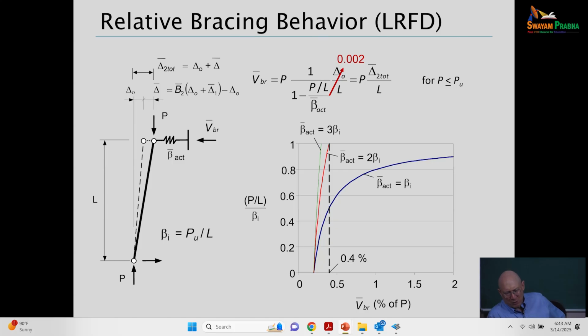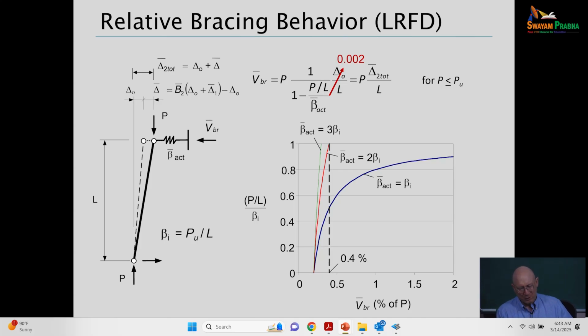But let's suppose we used beta bar actual equal to beta I instead. So beta I equals PU over L. If that's the case, then as we increase the axial force P in the problem, we can see from the equation above that the amplifier is going to become unbounded as we approach PU.